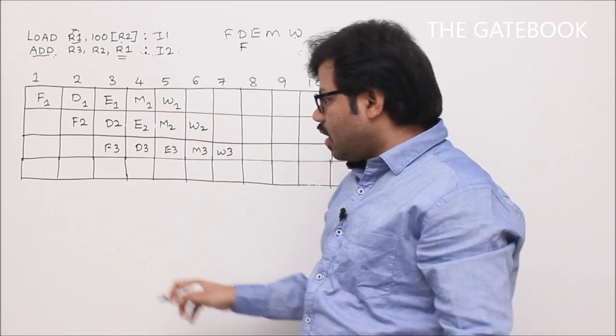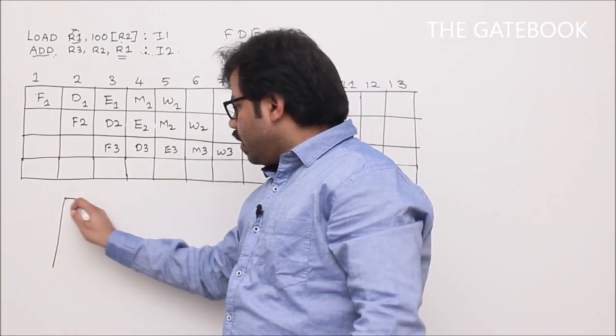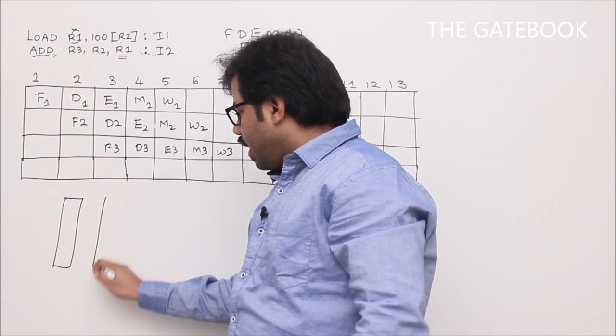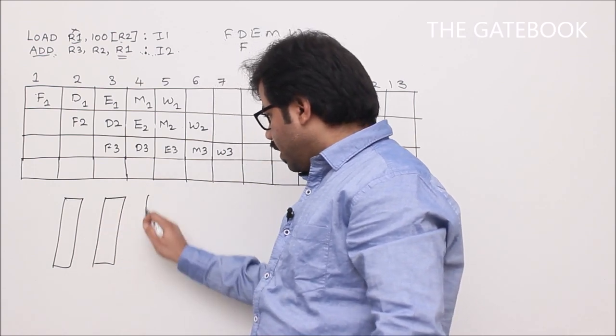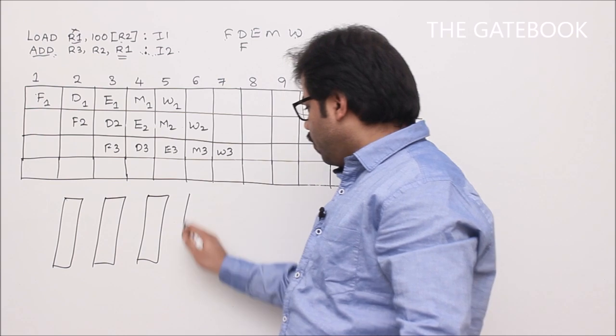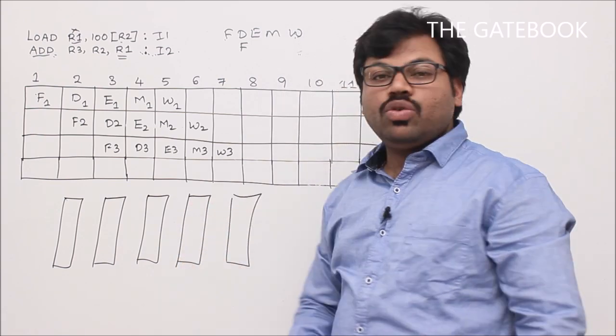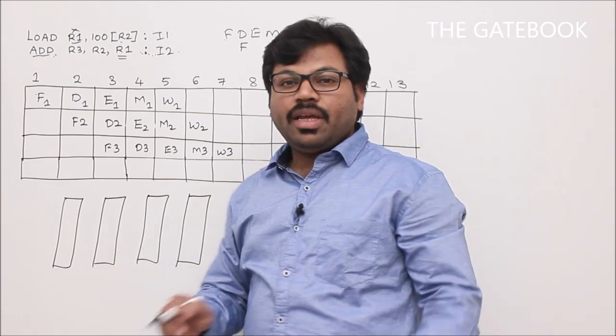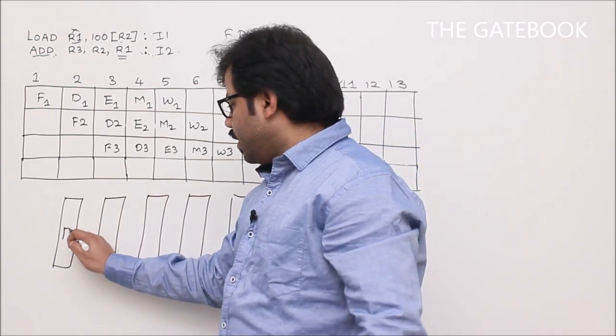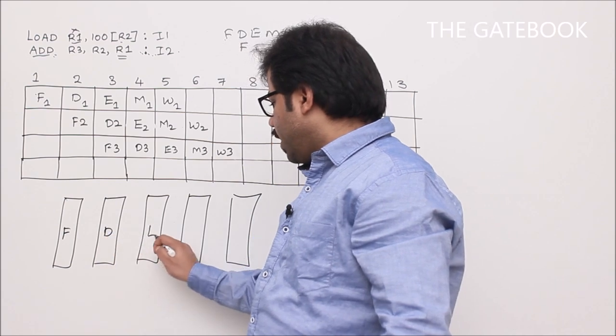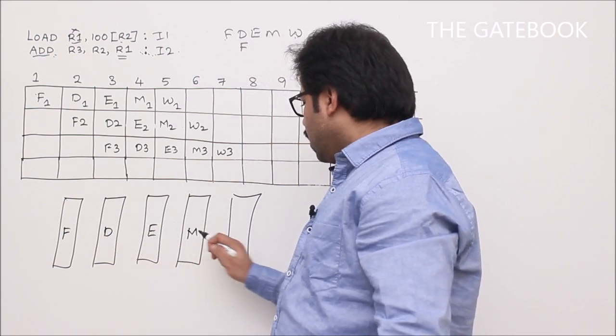Let me show with one example. Pictorially this will be the right idea to understand things. Let's take 5 stages. With this I will explain what is the meaning of introducing 2 stall cycles and how they will be implemented. This is the fetch stage, this is decode, this is the execution stage, this is the memory stage, and the write back stage.